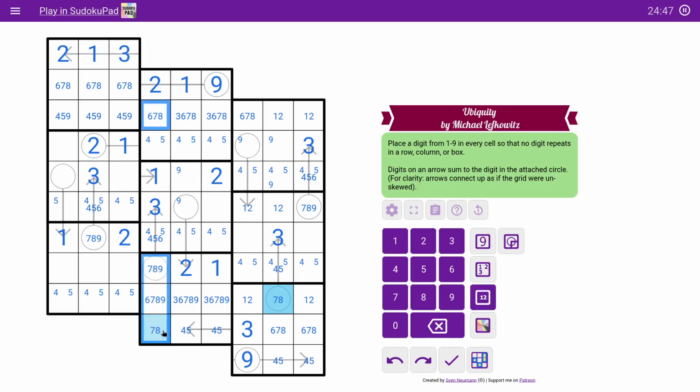Is this 6, 7, 8, 9 quadruple? Yes. Making this a 4, 5 pair. We have a 7, 8 pair. Making that a 6. It seems we've stopped the cascading motif.